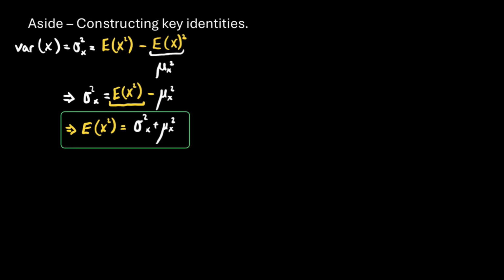We also know that the variance of the sample mean, if the observations are IID, is equal to sigma squared x divided by the number of observations.